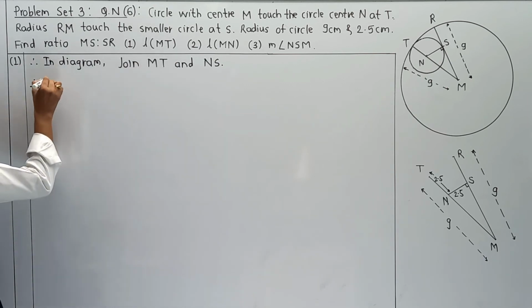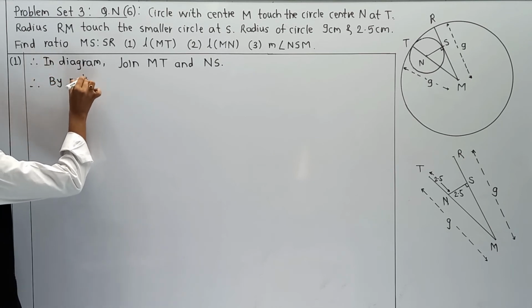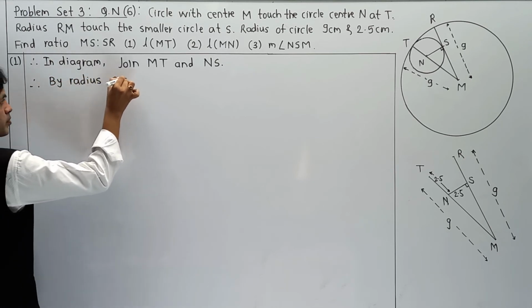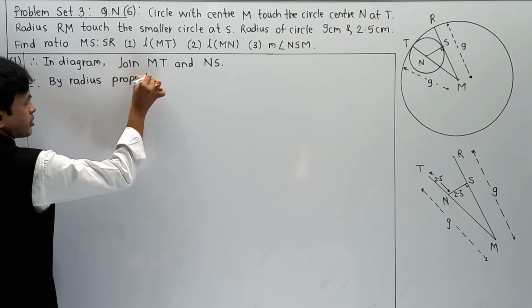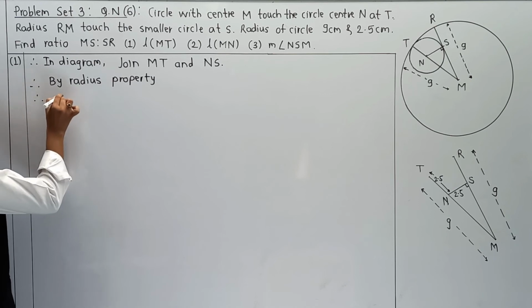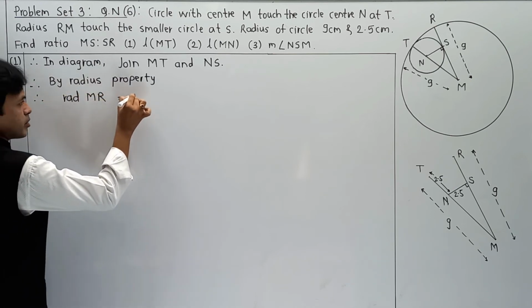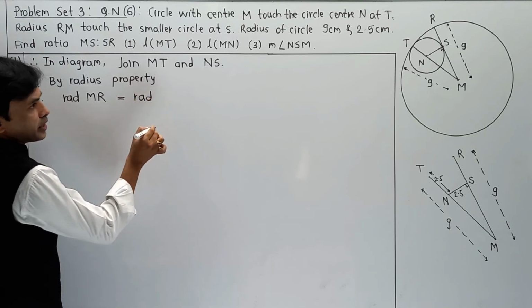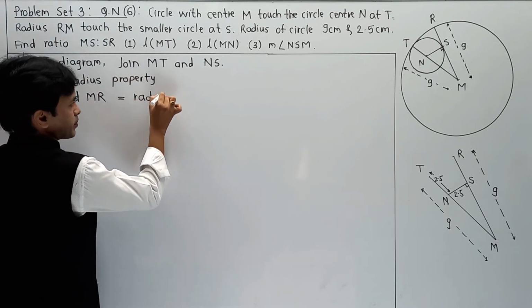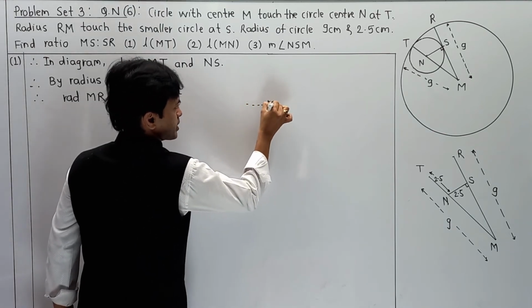So by radius property, radius MR is equal to radius MT. Reason: radius of same circle.